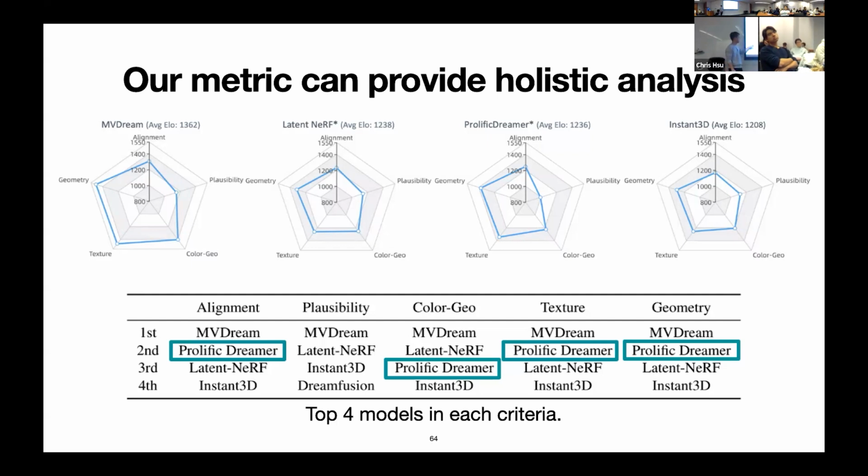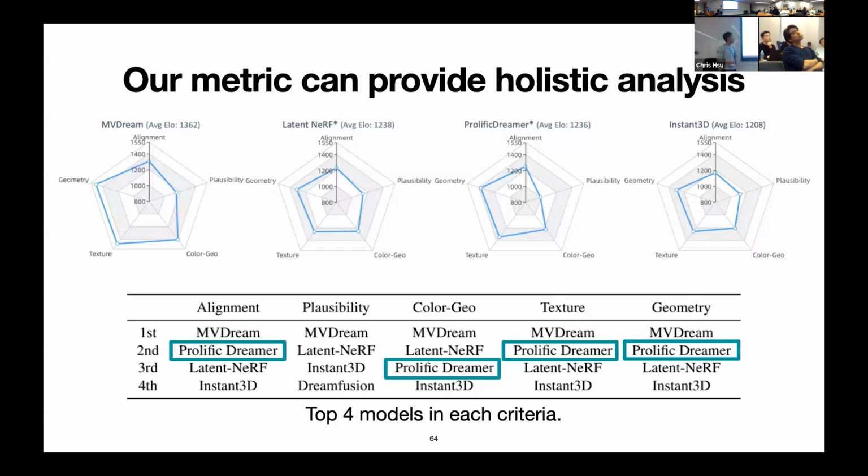For example, here we show the top four. ProlificDreamer is doing pretty well, except on the 3D plausibility axis. It turns out that if you look at the 3D shapes of ProlificDreamer, it has a lot of high-variance artifacts, which might not be quite as plausible in real-world shapes. So this gives you a hint, for example, if you want to improve on top of ProlificDreamer, of the places you can work on.